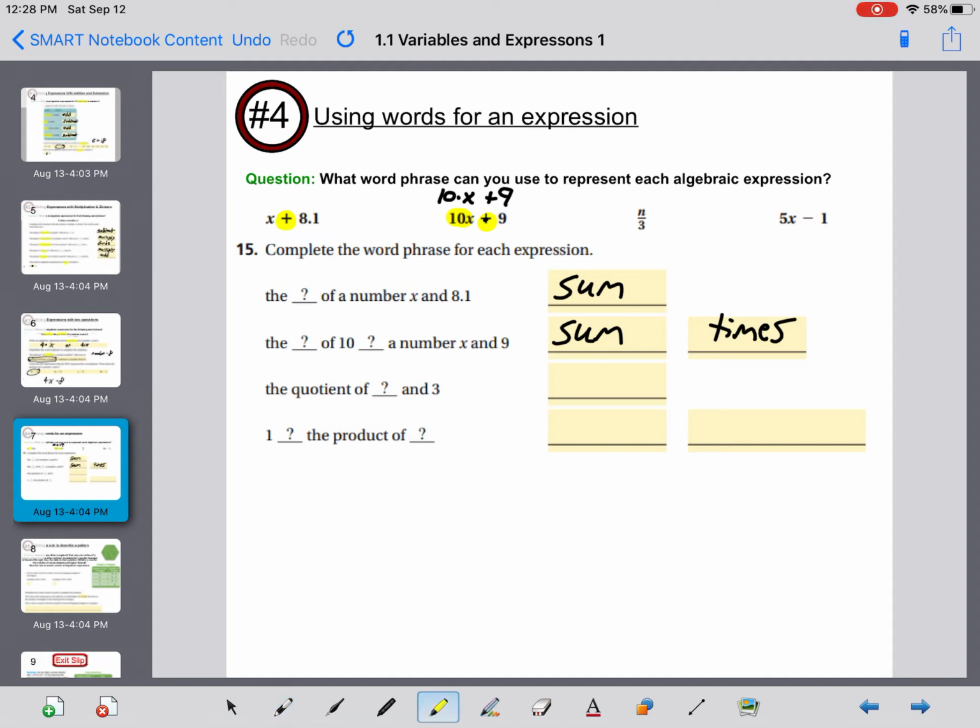The next one, the quotient, meaning division of blank and 3. Well, your numerator is n, so you're dividing n by 3. And the last one, I see subtraction by 1, so that means 1 less than the product of 5 and x.